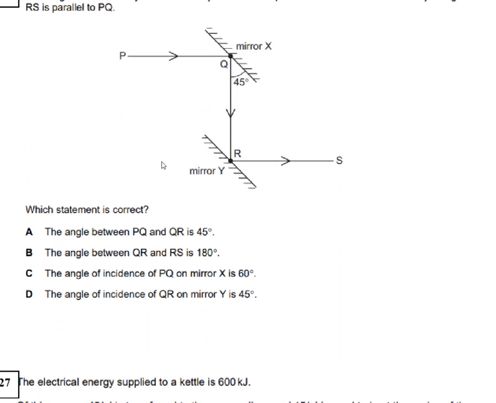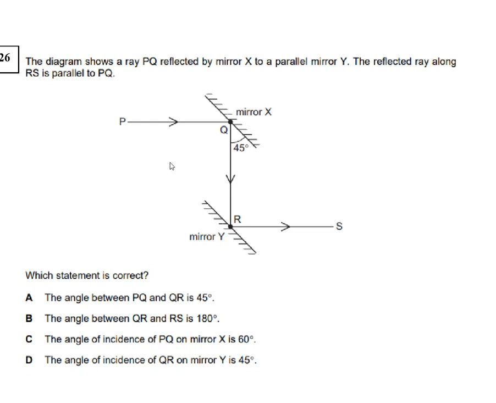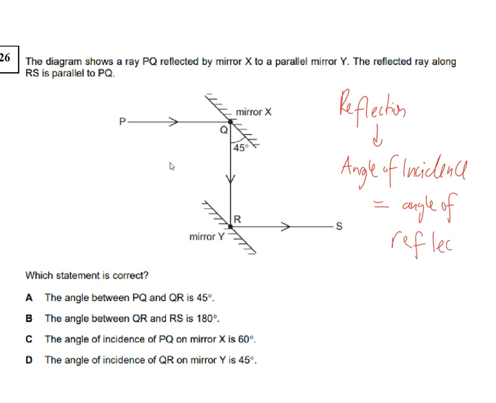Okay, now we have reflection. What's the law of reflection? The law of reflection tells us that the angle of incidence equals the angle of reflection for a plane mirror. So now we need to draw the normal.